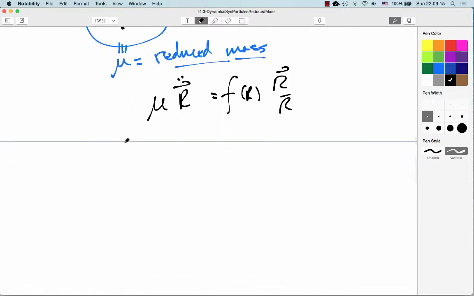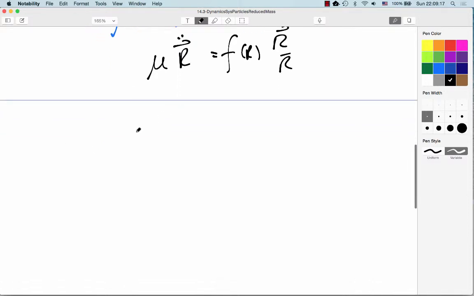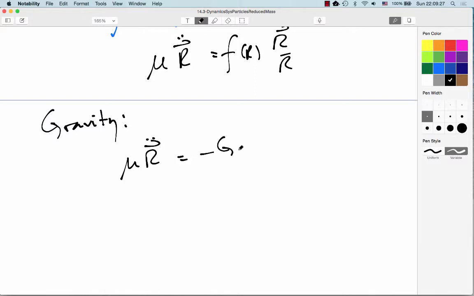Alright, so let's go ahead and apply this to gravity just to see what we get. With gravity now, we write mu r double dot equals minus G m1 m2 over big R squared times the r unit vector.